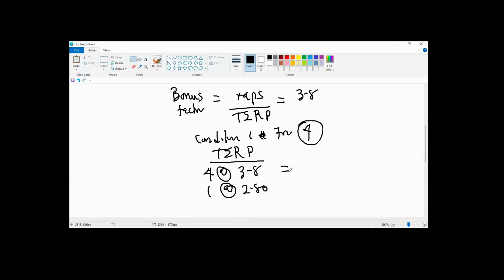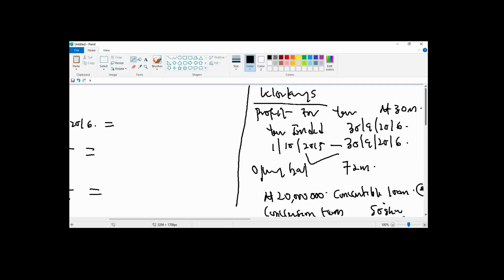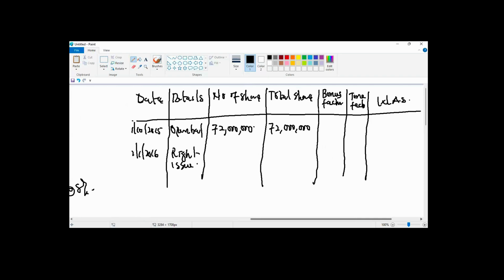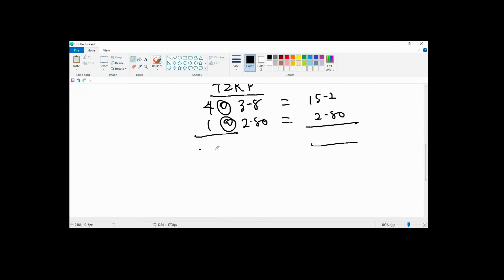4 times 3.8 is 15.2. And the 1 at 2.8 gives me 2.8. The total shares will give me 5. 15.2 plus 2.8 is 18.